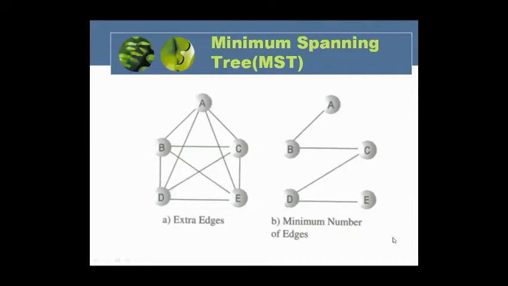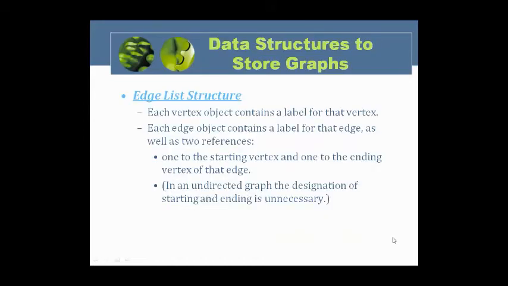It's minimal, okay? In the edge list structure, each vertex object contains a label for that vertex. Each edge object contains a label for that edge as well as two references: one to the starting vertex and one to the ending vertex of that edge.